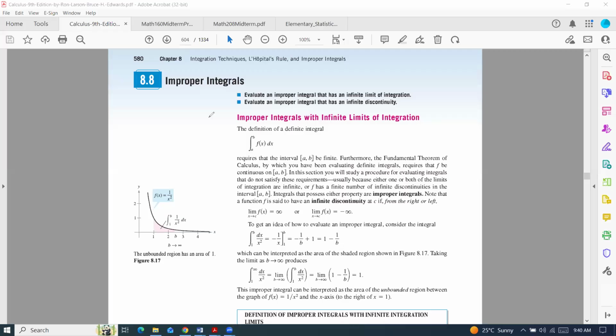So the idea is you cannot integrate if your limit is infinity. If you're trying to integrate from 1 to infinity, how are you going to plug in infinity? You can definitely find the antiderivative. So if you try to find the antiderivative of x to the power of -2 by the power rule, you add 1, and -2 plus 1 is -1.